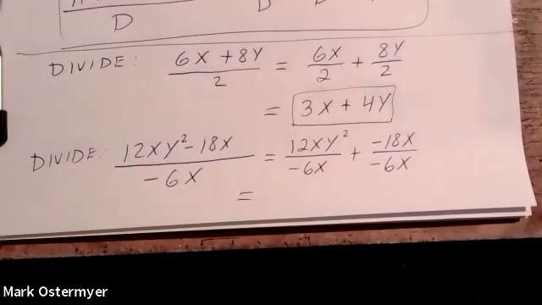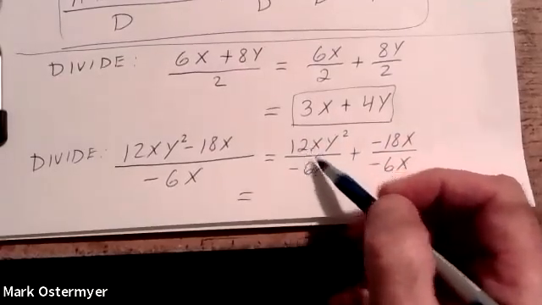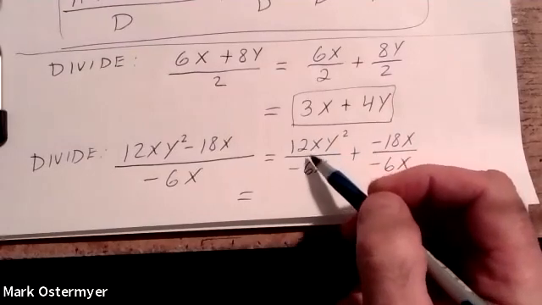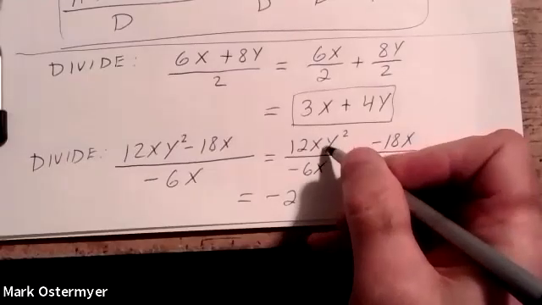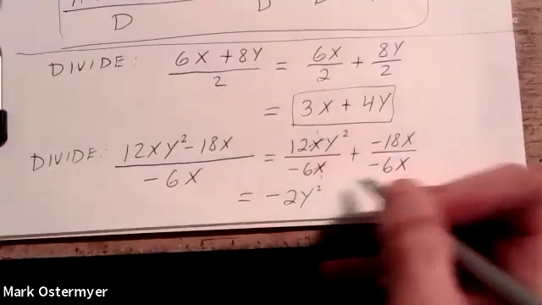So how does this first one reduce? 12 over -6, what does that reduce down to? -2. What happens to the x's here? The x's just cancel out, reduce to ones, and we're left with -2y squared.